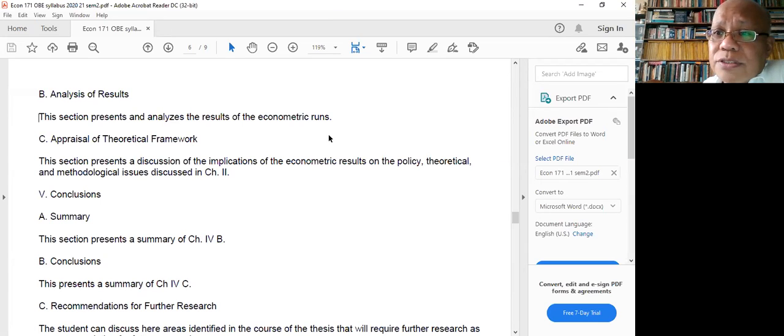For the fans of Dr. Noel de Guzman, that is the kind of thesis he really likes, where the thesis spends a lot of time discussing whether there is heteroskedasticity, discussing the variance inflation factor, discussing how the results would show that there is no multicollinearity. One by one.